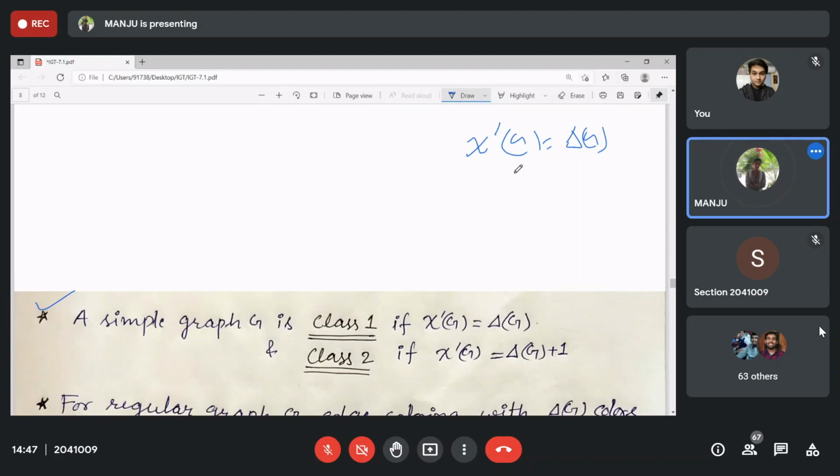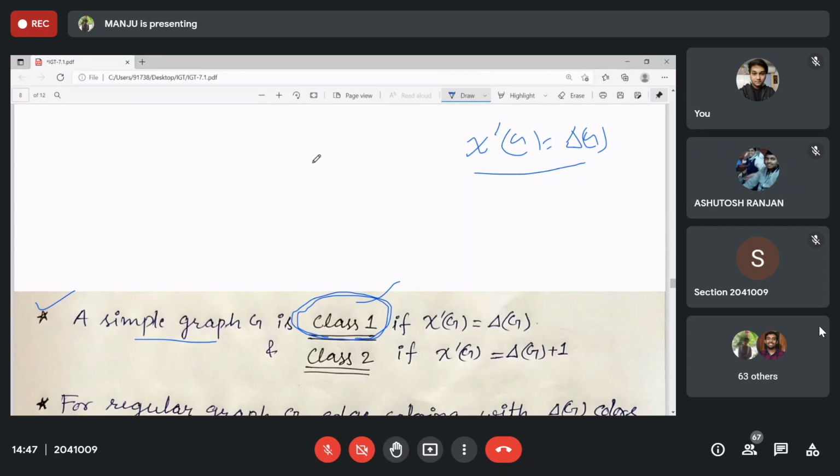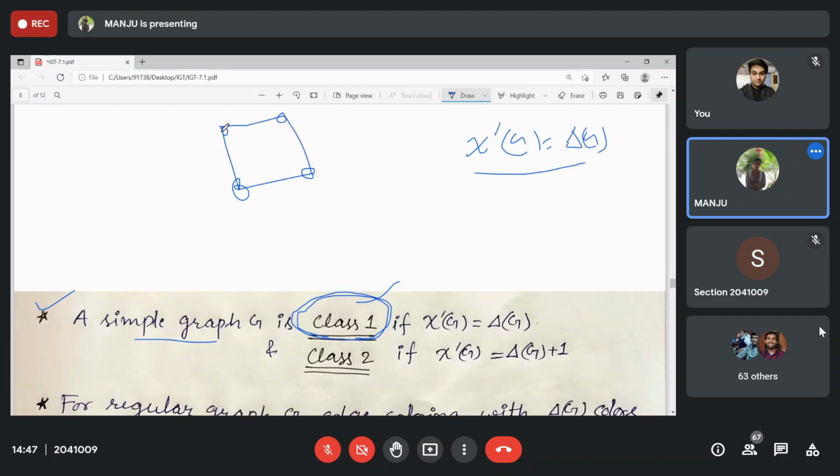A simple graph will be known as a class 1 graph if you have this one. So tell me, are all the bipartite graphs class 1? Yes, ma'am. And what about the kite? Is it class 1? Yes, ma'am. We had 3 and delta G is also 3. Equality holds, so this is also a class 1 graph, right?